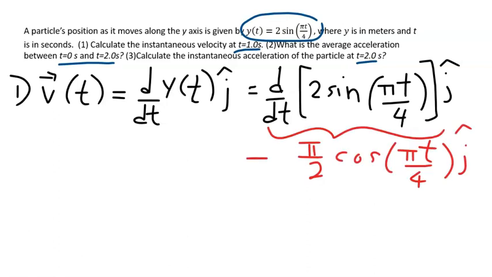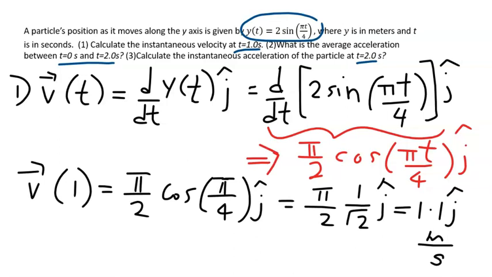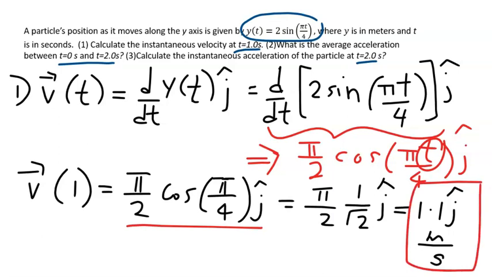From calculus, we obtain this line, derivative of sine is cosine. Upon substituting t equals 1 in here, you end up getting that, and calculating the numerical value gives you 1.1 j hat meter per second for the instantaneous velocity.